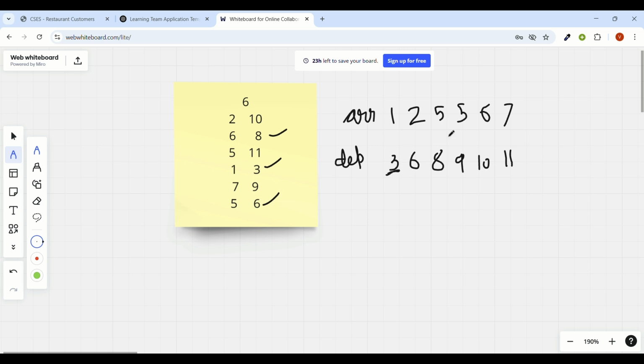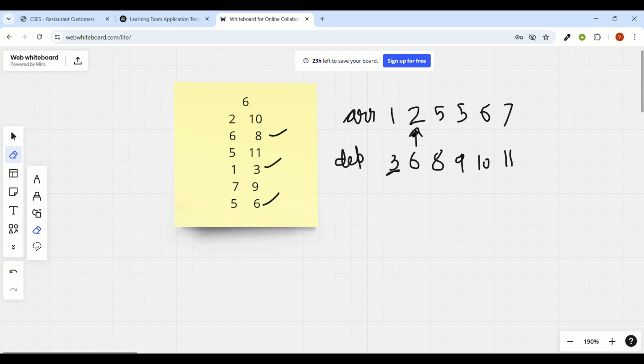So when this customer departed at 3, if we find the upper bound for this in the arrival array, in the arrival vector, the upper bound would be 5 for the 3. So this upper bound indicates the first customer who arrived after the departure of this customer. So after that, if we decrement our iterator, we can come to the last customer who arrived before the departure of this customer.